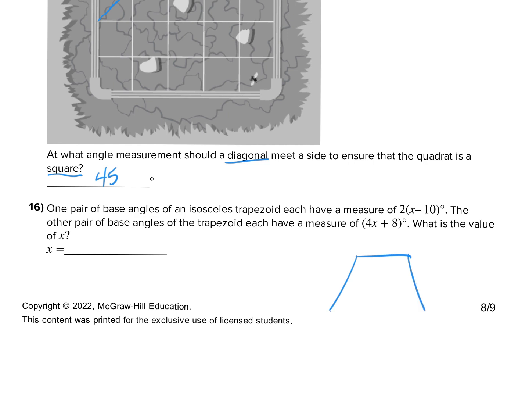We have a trapezoid. So the base angles are here and here. And then in an isosceles trapezoid, those base angles are congruent. So if I distribute this, I get 2x minus 20.